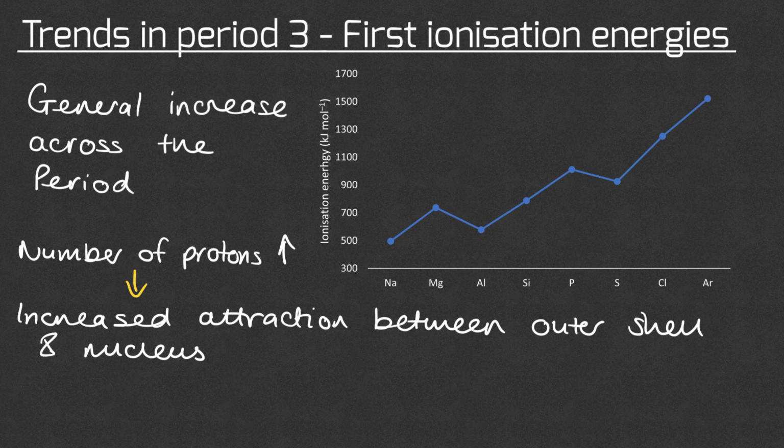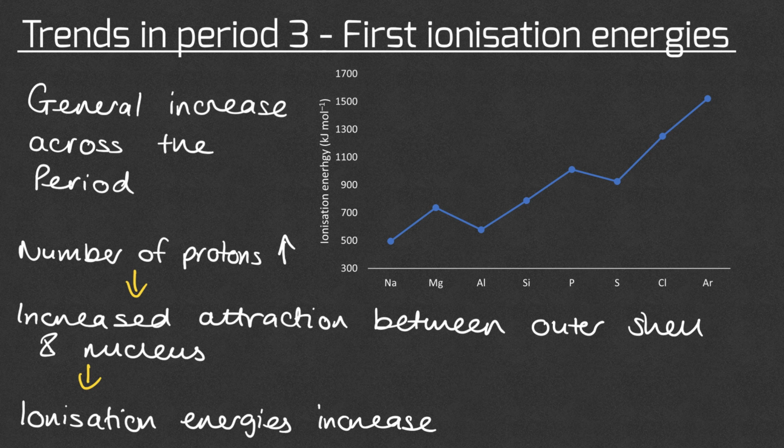This means that there is an increased force of attraction between the outer shell and the nucleus. This increased force of attraction means that it's harder to remove an electron from the outer shell because it's experiencing a greater force of attraction from the nucleus, therefore more energy is required to remove that outer electron. Therefore, the ionisation energies increase as you go across the period.